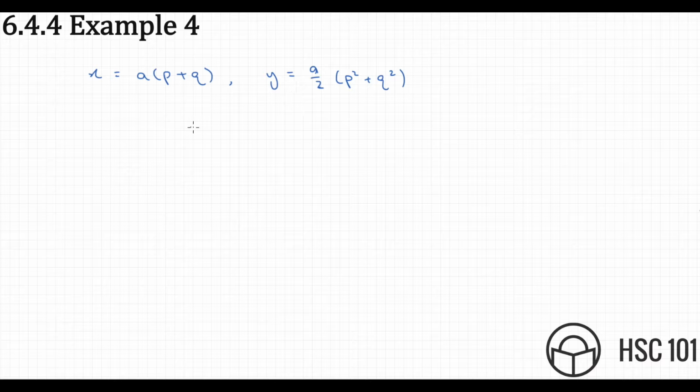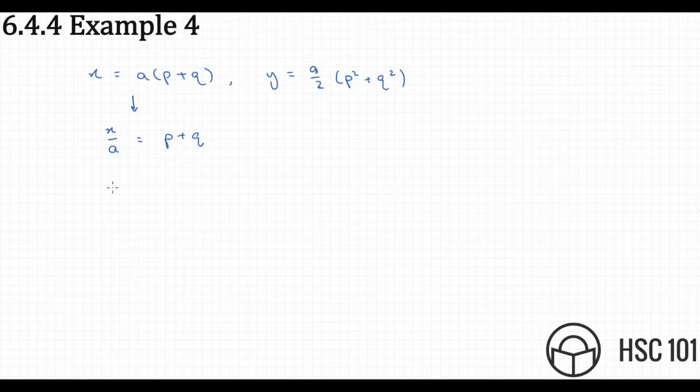But to demonstrate, I know that x and y are related. When we look at y, we've got the p squared plus q squared. If I look at how x is related, I can say that x on a equals p plus q. So if I want p squared plus q squared, that's going to be related to x on a equals p plus q, and I'm going to square both sides.